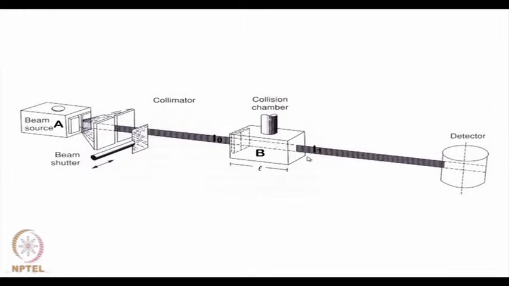Okay. And now the question is, we started to have our discussion based on collision theory. Now, why is collision process taken into account in order to understand chemical reaction dynamics, that is molecular reaction dynamics?